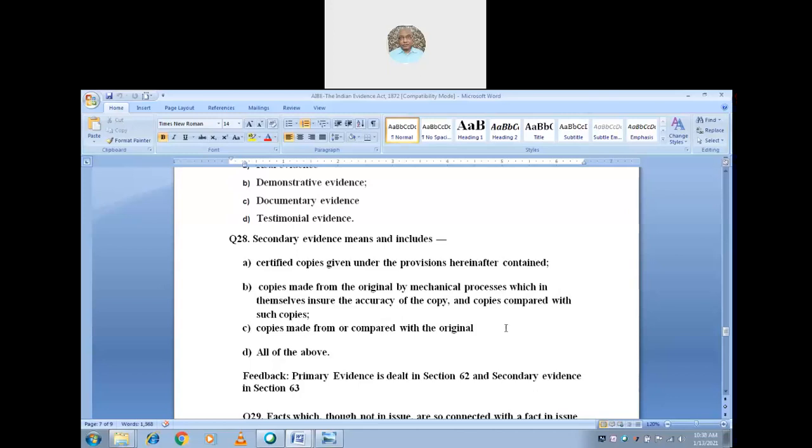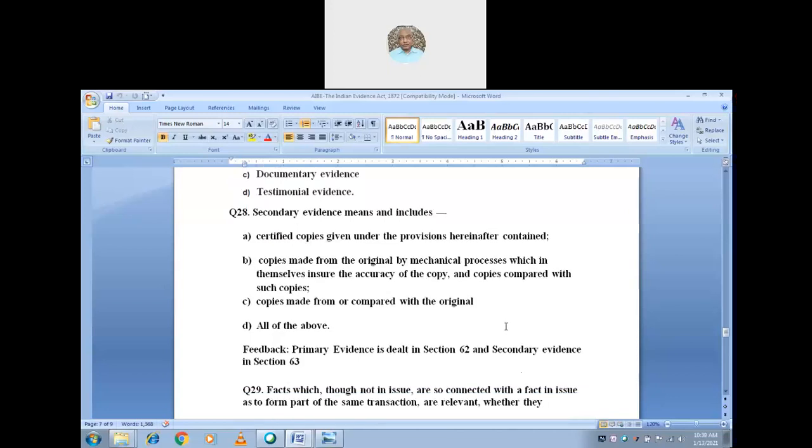Yes, yes. So secondary evidence means and includes a certified copy given under the provisions hereinafter contained, copies made from the original by mechanical processes which themselves ensure the accuracy of the copy, and copies compared with such copies, then copies made from or compared with the original.